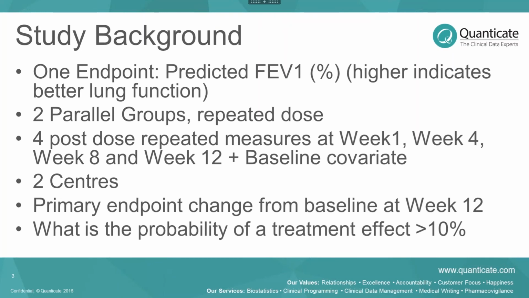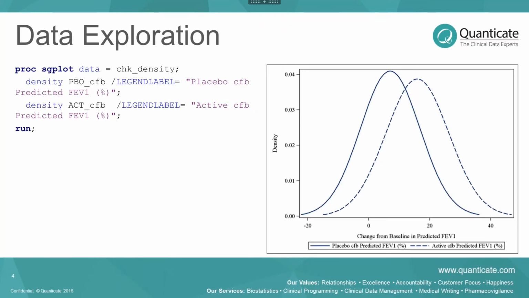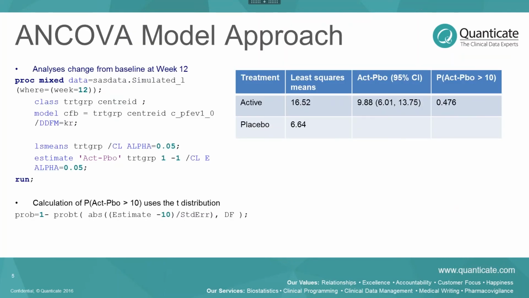They had repeated doses, so doses week 1, 4, 8, 12, and baseline was a covariate in the study. 2 centres, and the primary endpoint was change from baseline at week 12. And one of the things that the client was interested in was the probability of there being a treatment effect more than 10%. So Sue actually simulated this data.